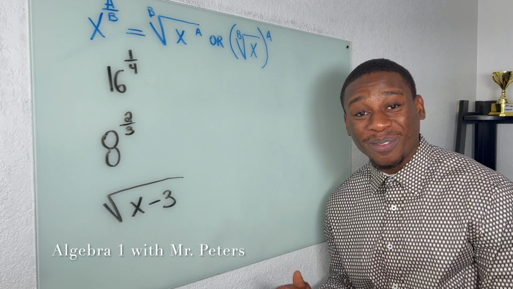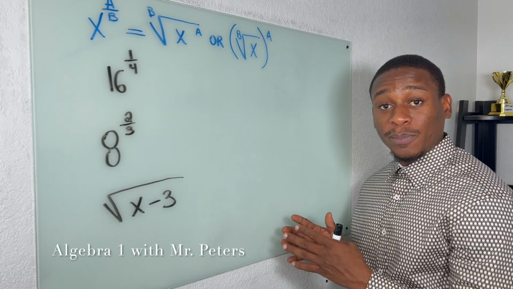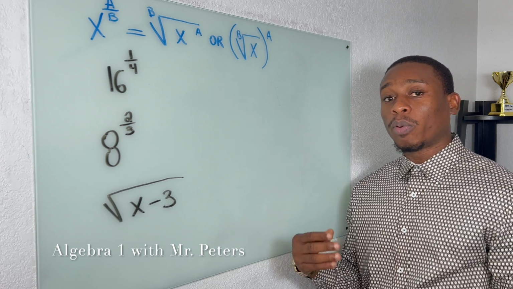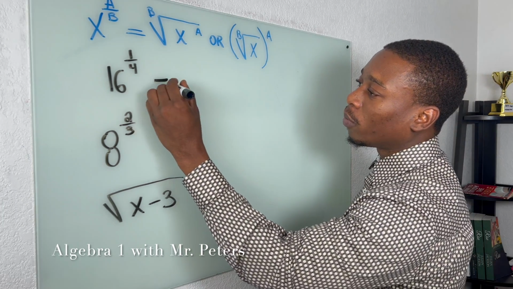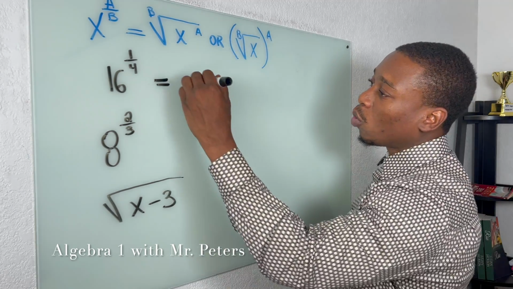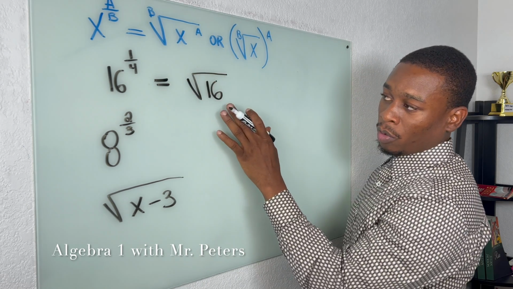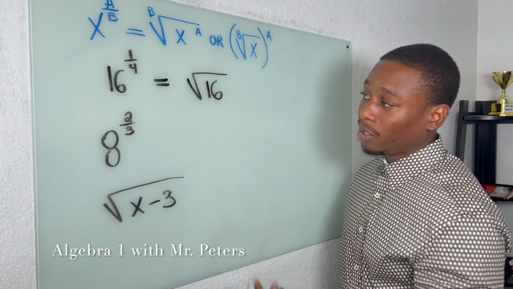Moving on to the next part of our video, guys, we're now going to talk about going from rational exponents to whole number integers. And not every problem will probably be able to do this, but some we can. So in our first problem, they're asking us for 16 to the 1/4 power. So when we rewrite this in a radical form, 16 is just to the first power, which means it's just 16.